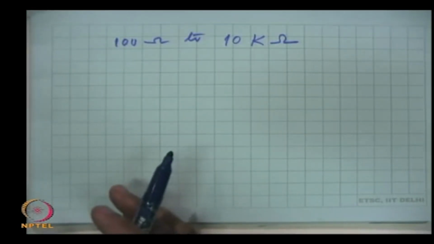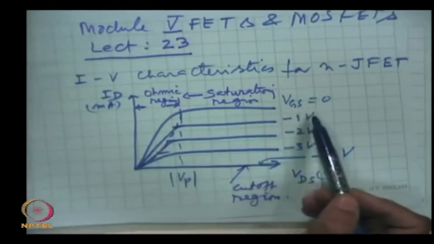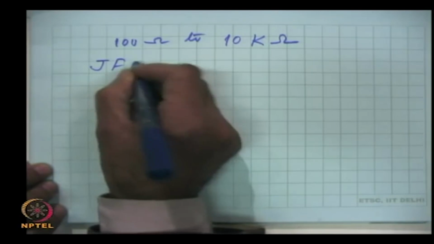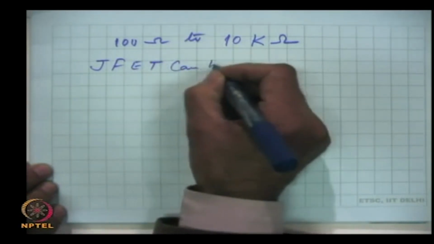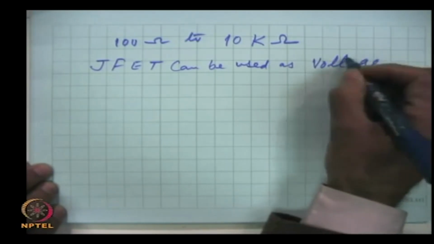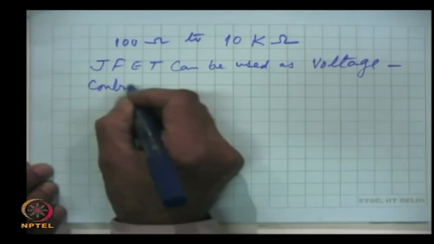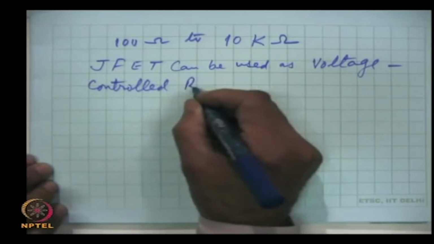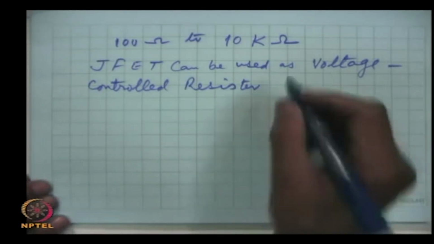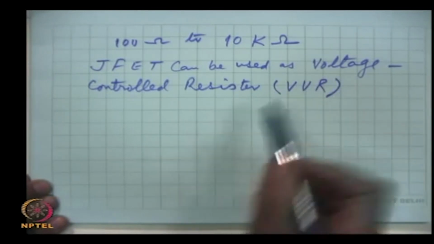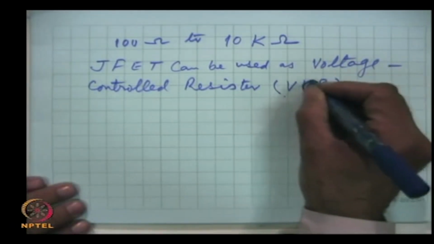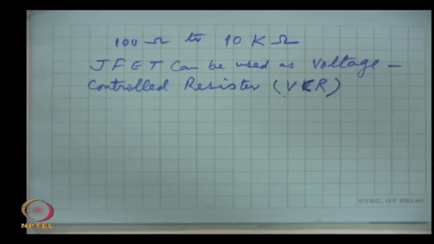Here the slope is changing, which is a function of VGS, and the junction field effect transistor can be used as a voltage controlled resistor, VCR, voltage controlled resistance.